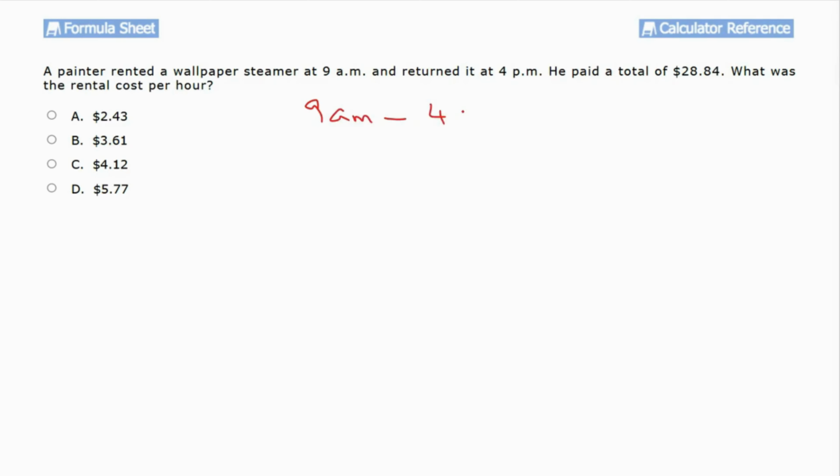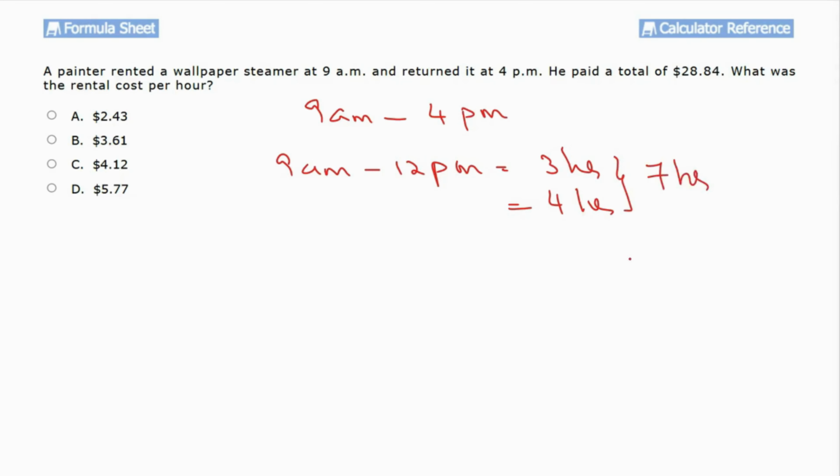So total hours he has used is from 9 a.m. to 4 p.m. So that means 9 a.m. to 12 p.m. is going to be 3 hours. And from 12 p.m. to 4 p.m. is going to be 4 hours. So when you add these two, you're going to get 7 hours.